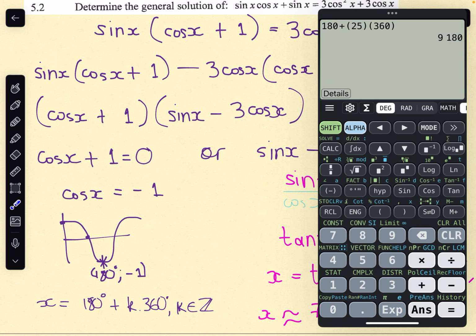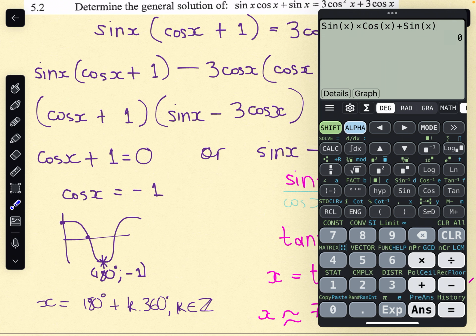Okay, so we're going to use 9,180. This time I'm actually going to put it inside x. Okay, so we've got sine x times cos x plus sine x. So that gives us 0.